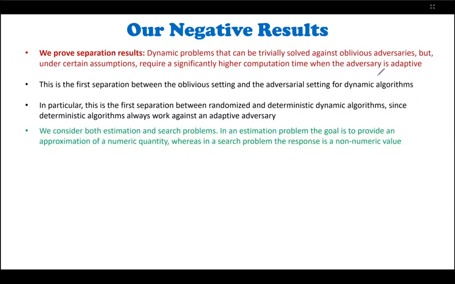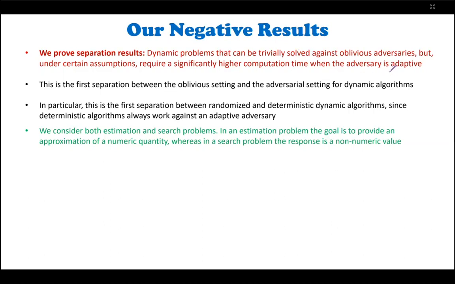Okay, here is a statement of our negative result. We show separation results in that we present dynamic problems which you could easily solve trivially in the classical oblivious setting, but no matter how you try to solve these problems in the adaptive setting, you must probably use polynomially larger runtime.